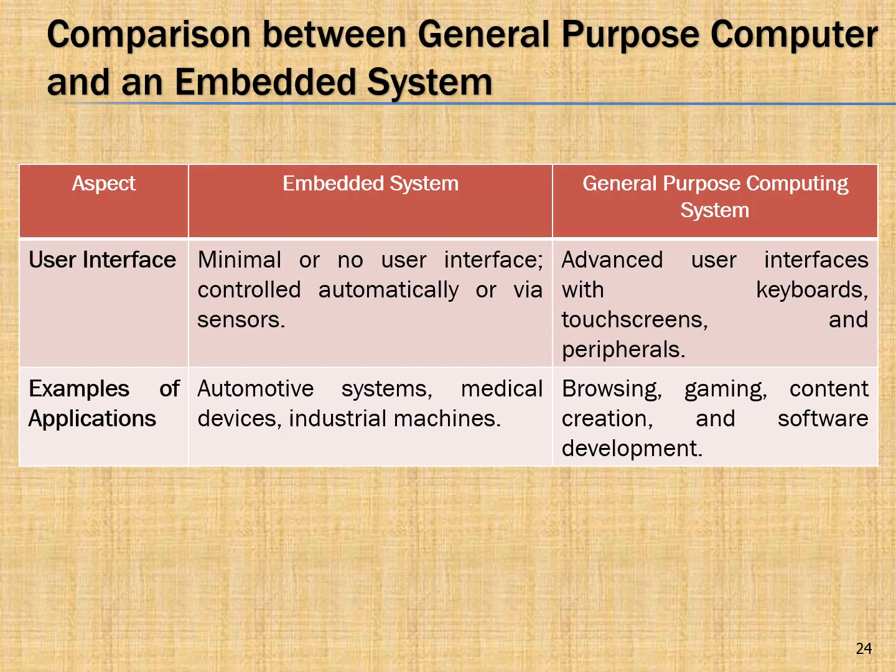Examples of embedded system: automotive systems, medical devices, industrial machine, etc. In case of general purpose, they are used for browsing, gaming, content creation, software development, etc.